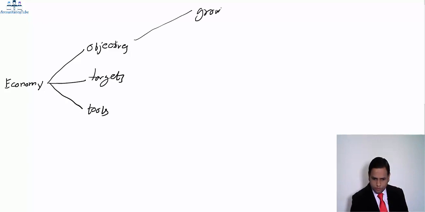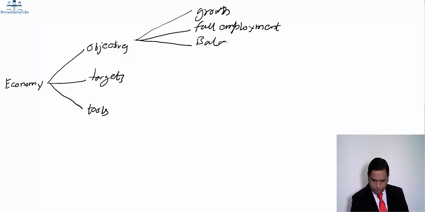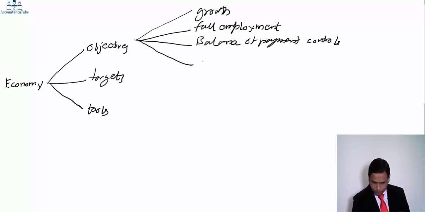That's number one. Full employment, balance of payment controls, and inflation control.